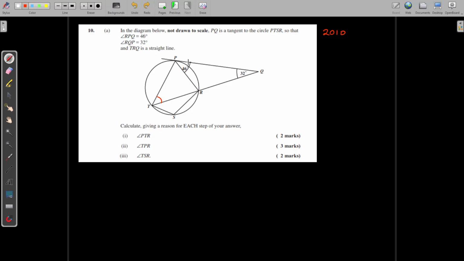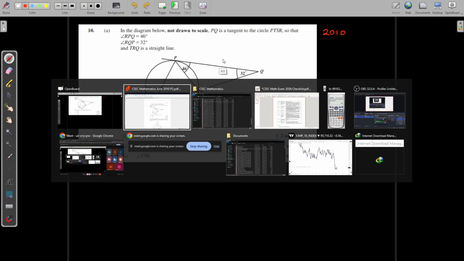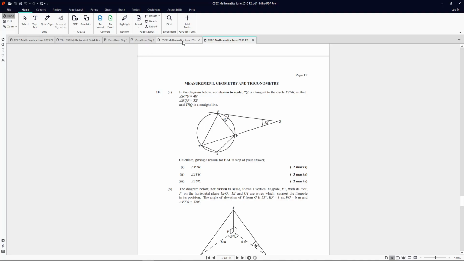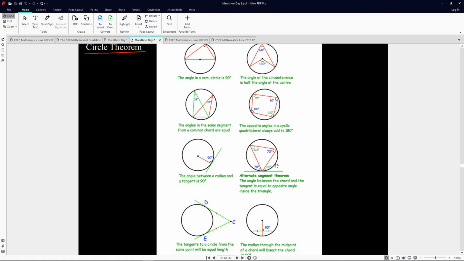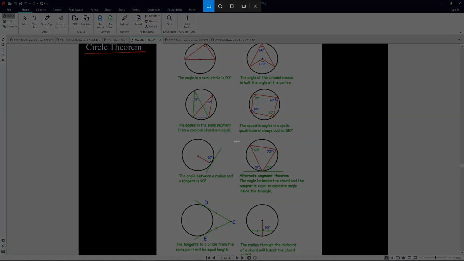So we have a tangent and we have an angle here. So the angle in the alternate segment should be 46 as well, based on this theorem.